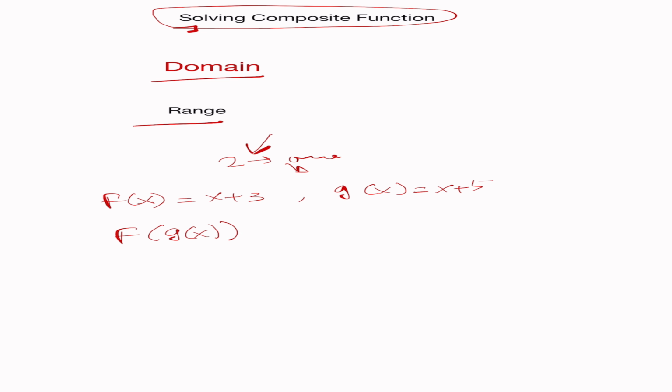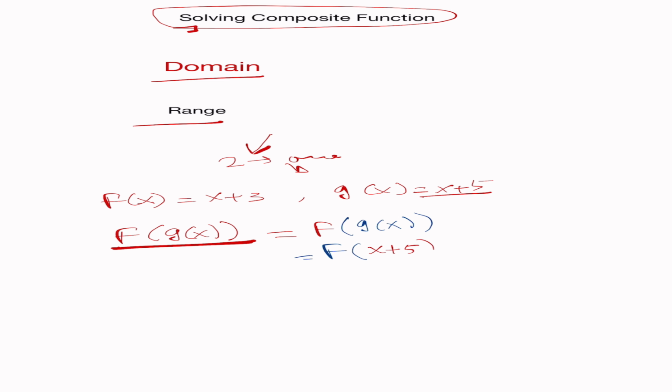For the domain, it's going to be the domain of this function. So first you have to find the function. It's going to be f of g of x. What is g of x? g of x is simply x plus 5.